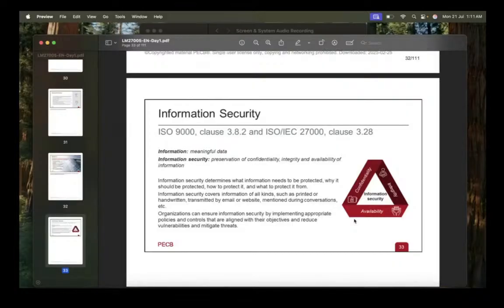And information security is basically the preservation of the confidentiality, integrity, and availability of information. Information security determines what information needs to be protected, why it should be protected, how to protect it, and what to protect it from. So it is very important to know what needs to be protected.